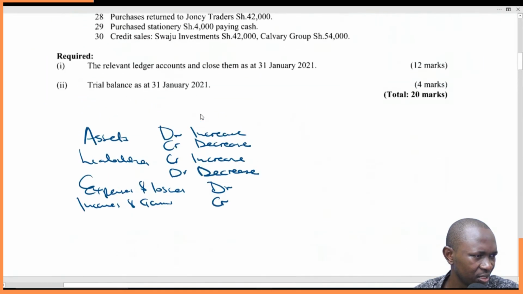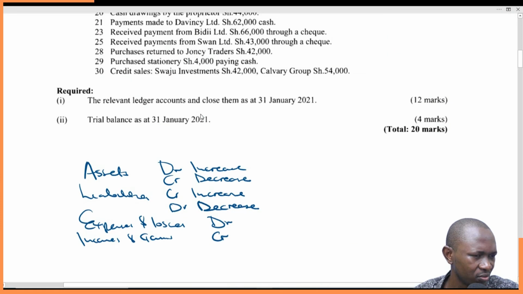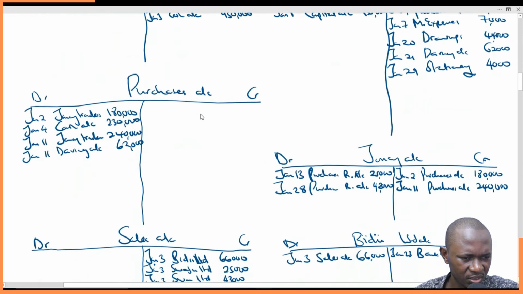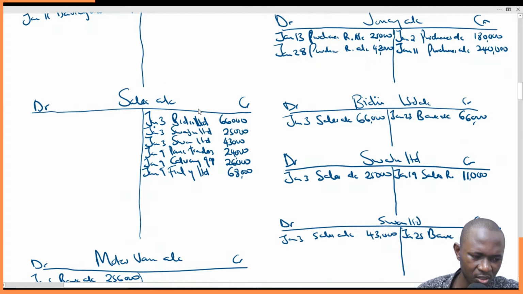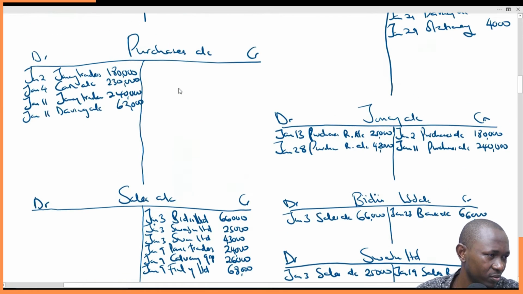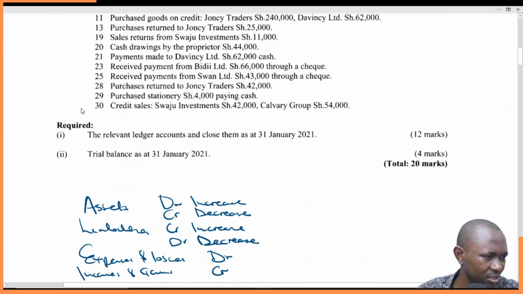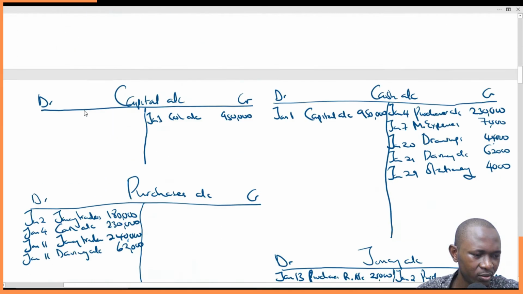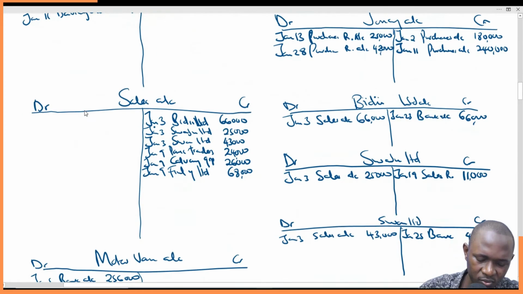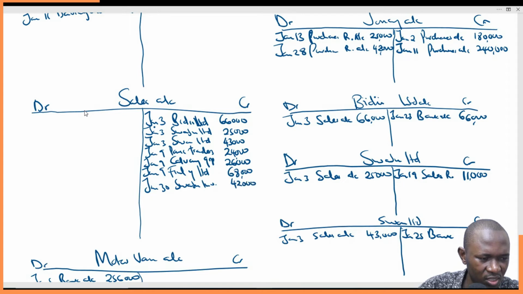Let's check this one. Swaju Investments 42,000. Sales, January. When was that? January 30th. So we say January 30th, Swaju Investments 42,000, like that.